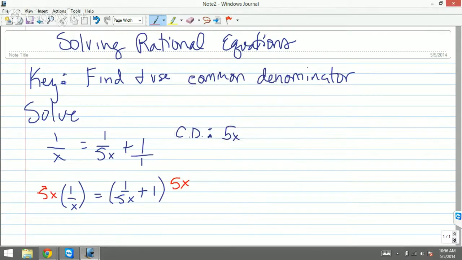The nice thing about these is once you've found the common denominator, you multiply each side of the equation by the common denominator. This is going to make life really easy.